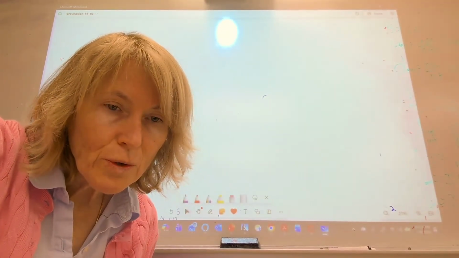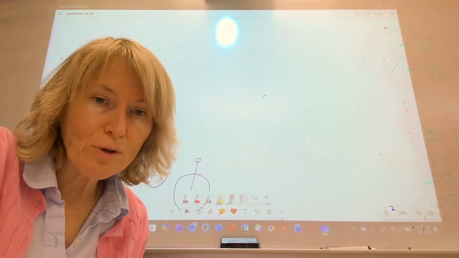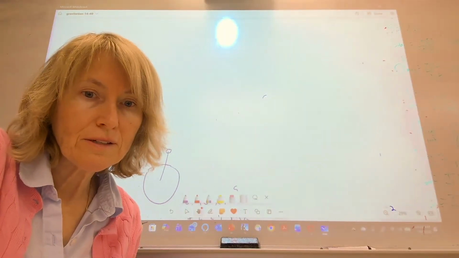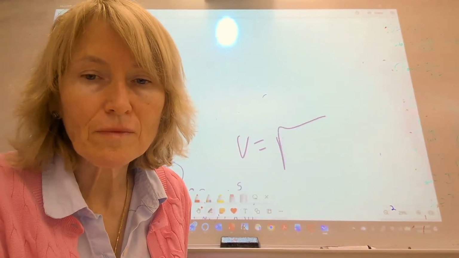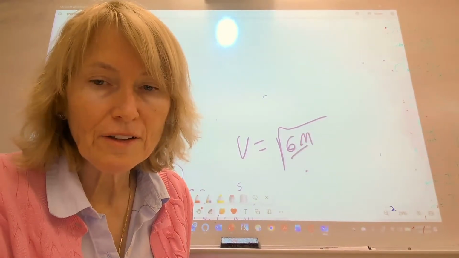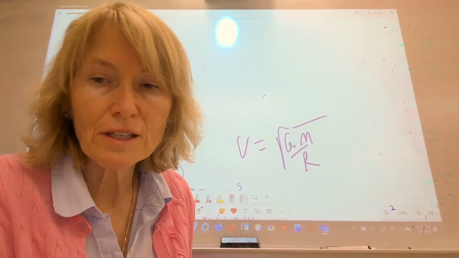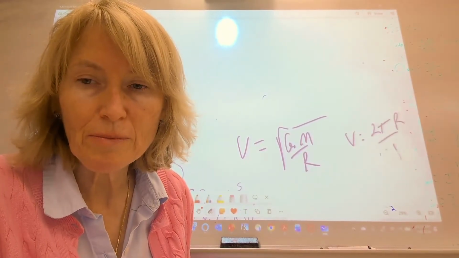Okay, so your two equations were v is equal to the square root of GM over R. And the other one was v is equal to 2 pi R divided by the period.